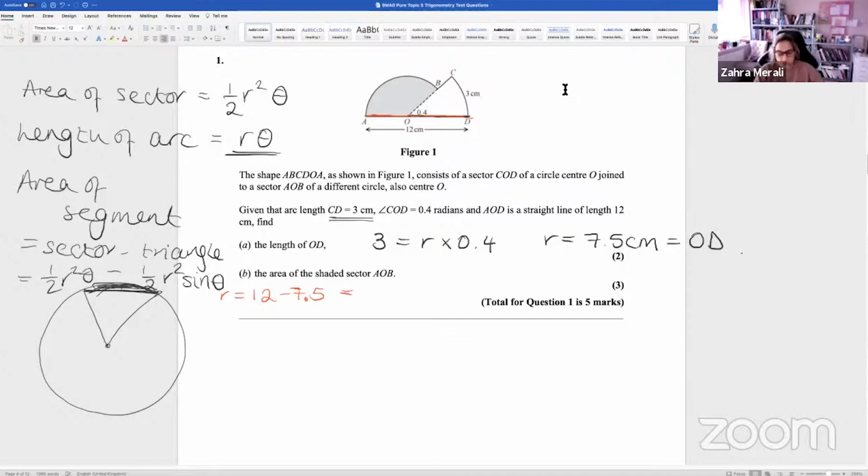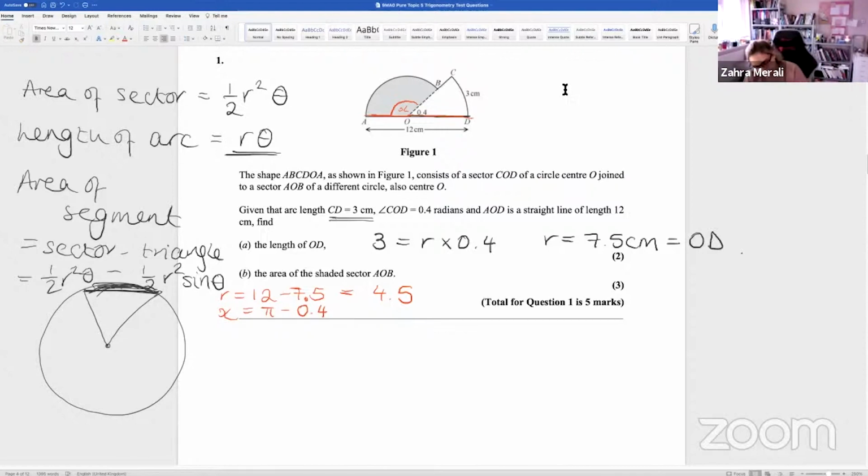And we can also find out the angle, because we know that angles on a straight line are 180 degrees or pi. So therefore this angle here, which I'm just going to call x, is going to be pi minus 0.4.